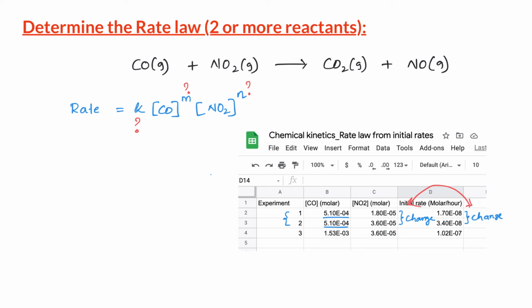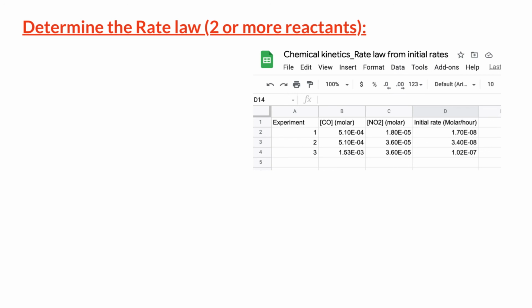If we look a little deeper, we increased the concentration of NO2 by 2 times, and the initial rate also increased by 2 times. From what we have discussed earlier, we can say that the reaction is first order with respect to NO2. We can also calculate this mathematically.